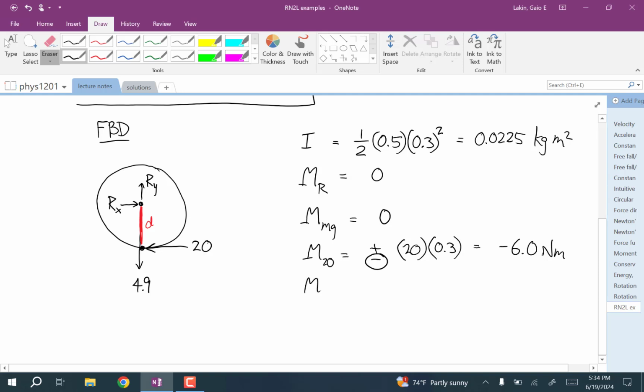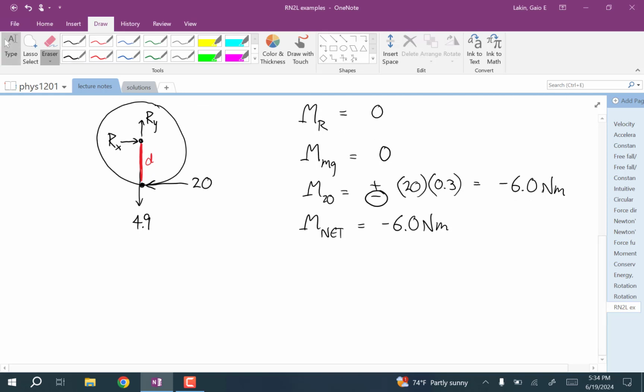And so the net moment, the net torque, is the sum of these three things. And so that's equal to negative 6 Newton meters. And now we have everything we need to put this into rotational Newton's second law.